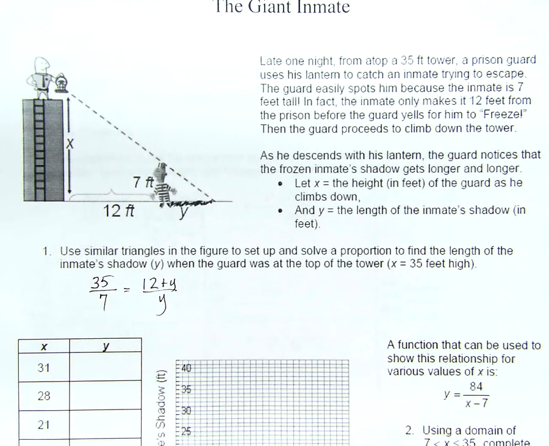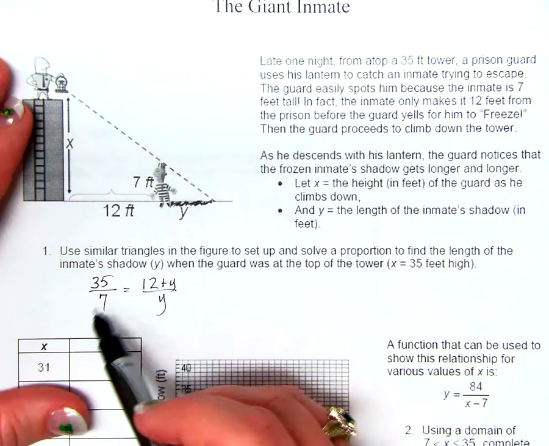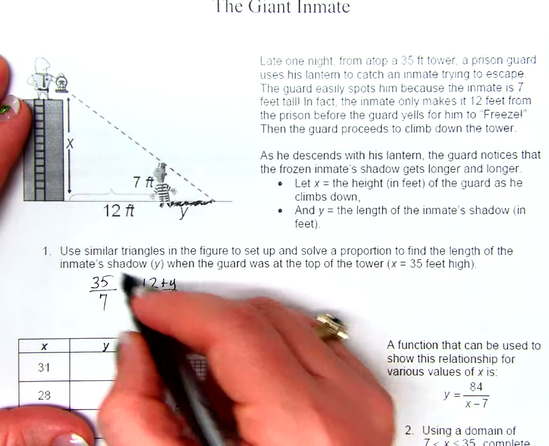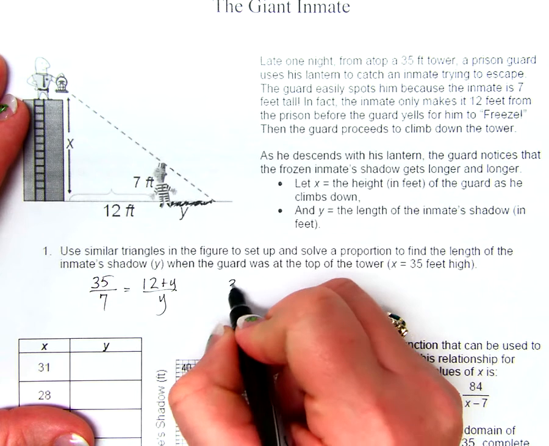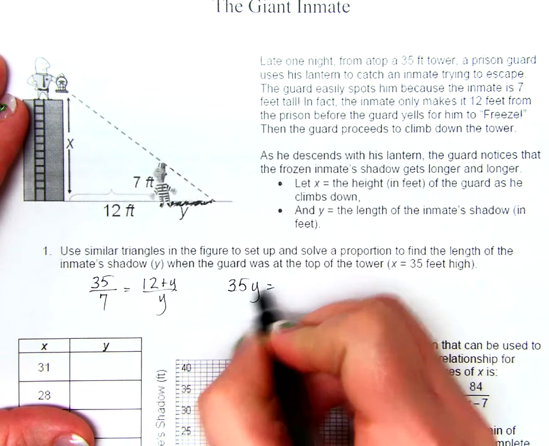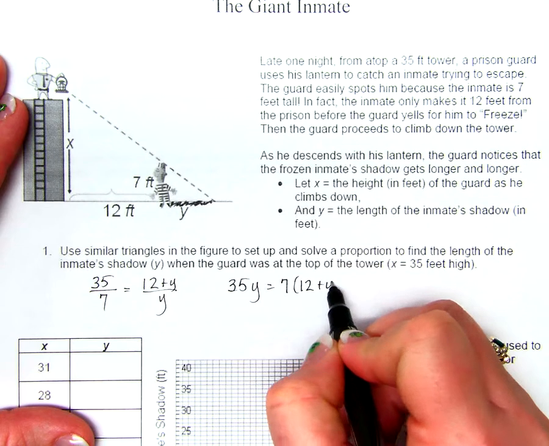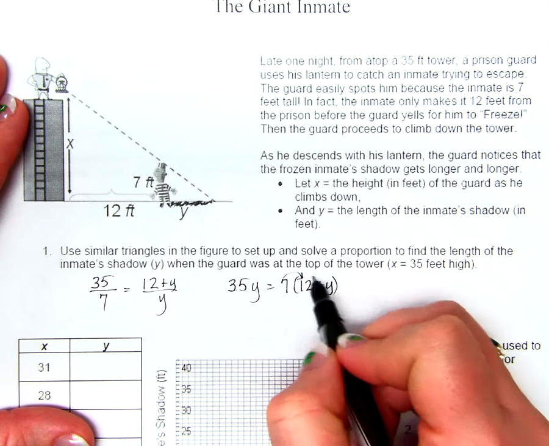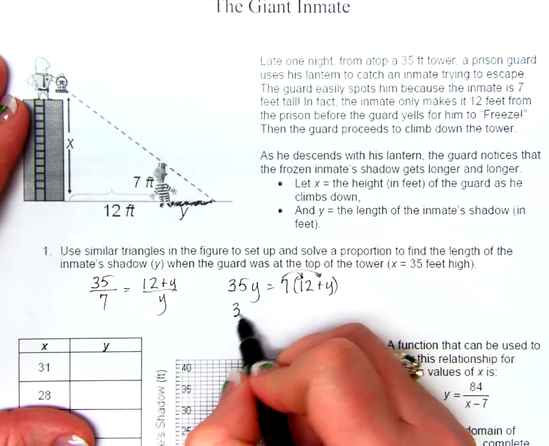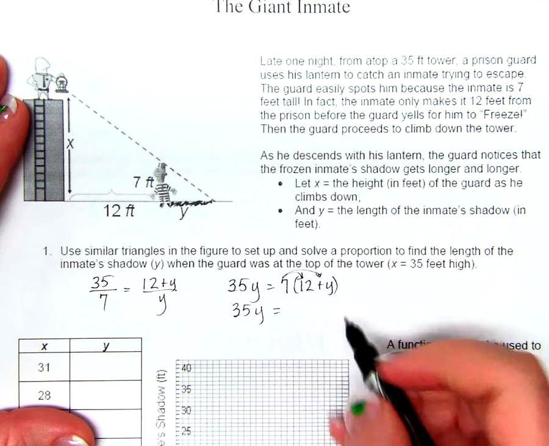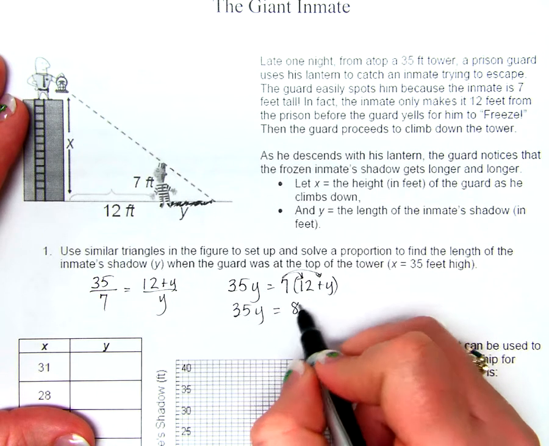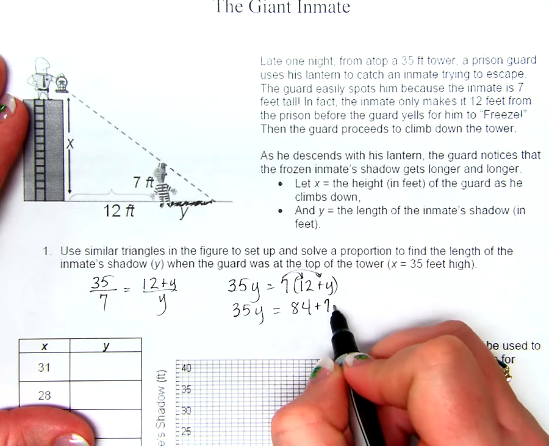So to solve this, we have to cross multiply. We have two fractions set equal to each other. We multiply there, and we get 35y. We multiply here and we get 7 times 12 plus y. If we distribute, we get 35y equals 84 plus 7y.